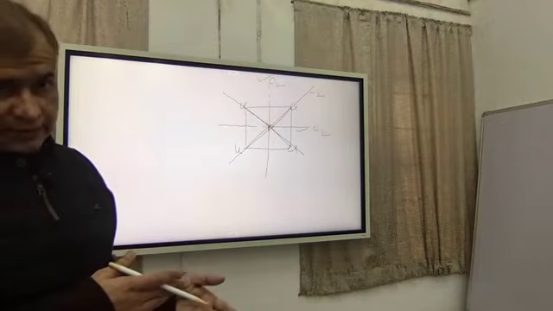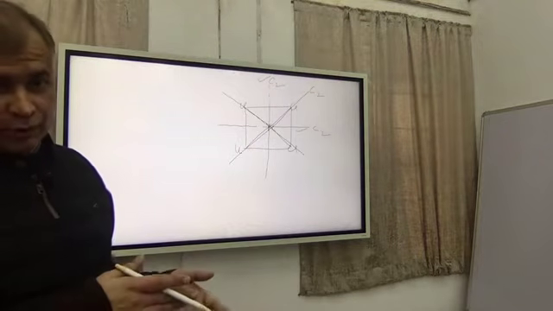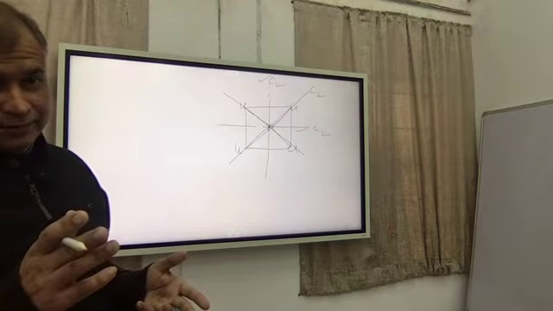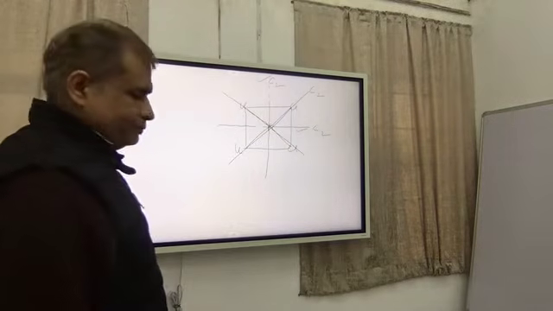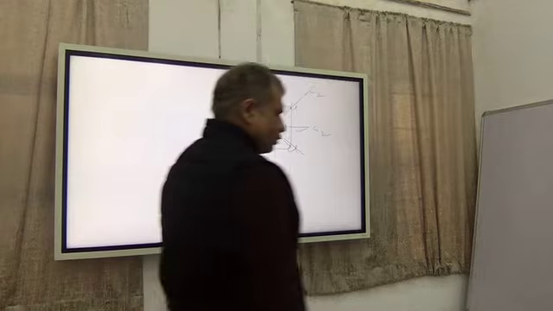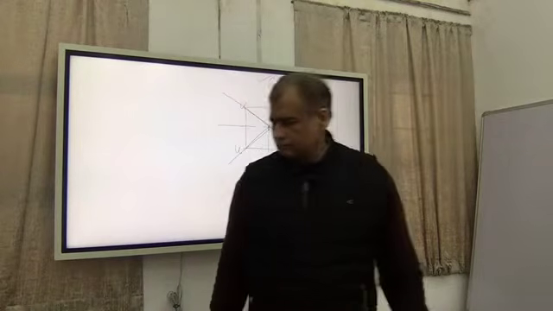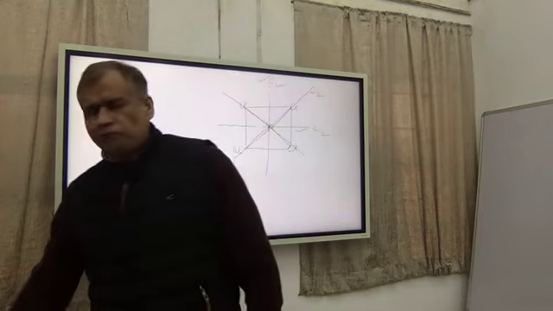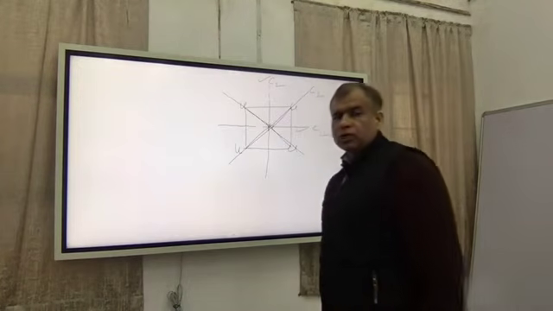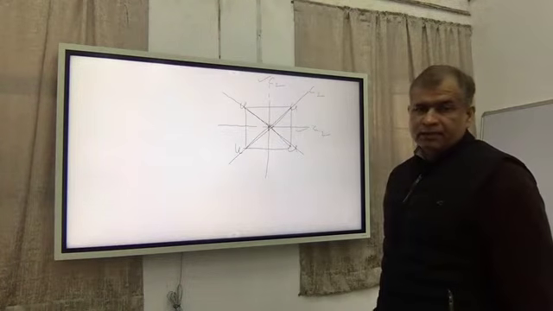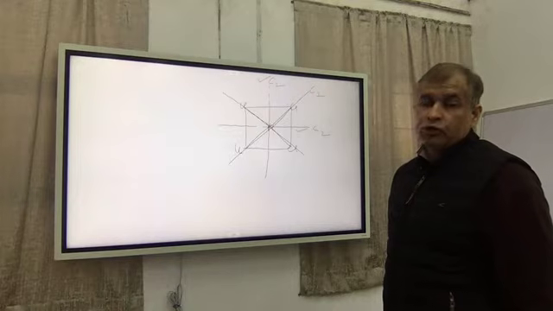I have already spoken about that, if you remember. Try to correlate. So, in the octahedron also we found so many symmetry axes, which were equal to the symmetry axes present in the cube.